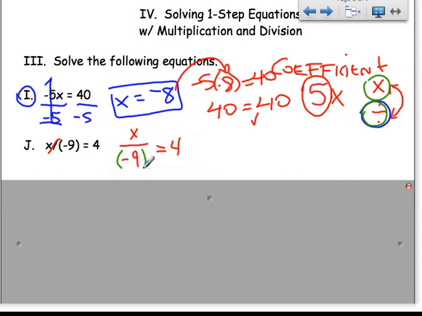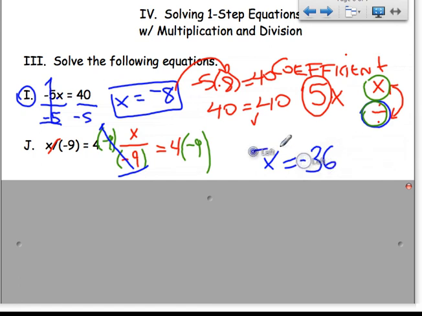So since it's x divided by negative 9, I'm going to multiply both sides by negative 9. When I do that, negative 9 divided by negative 9 cancel, because that really just equals 1. So I have x is equal to 4 times negative 9, which equals negative 36. That's my answer.